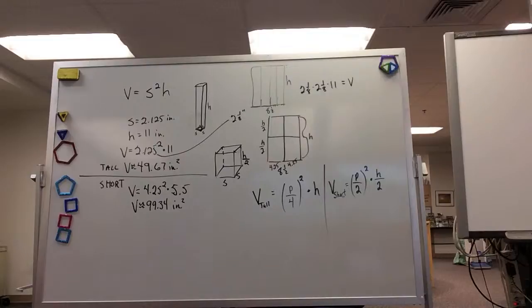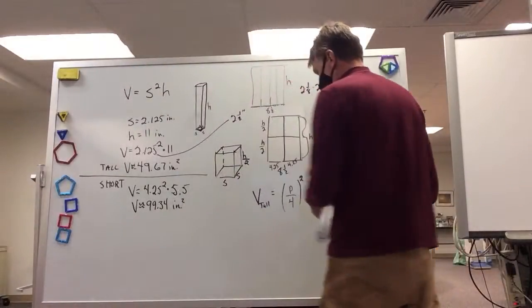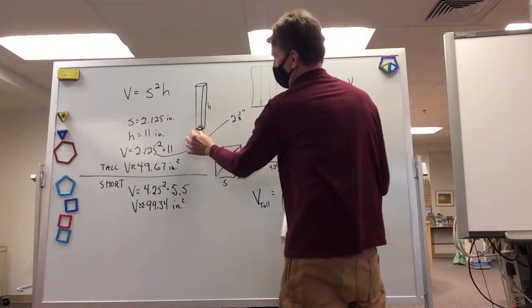So that perimeter got cut into fourths, and that goes around like so. So now each side of this rectangular shape is 1/4 of the whole length. So this gets folded up into this shape.